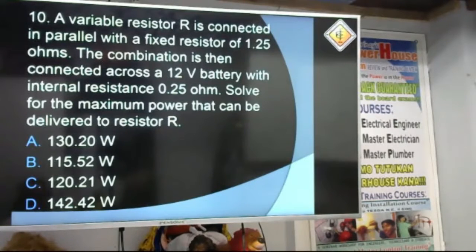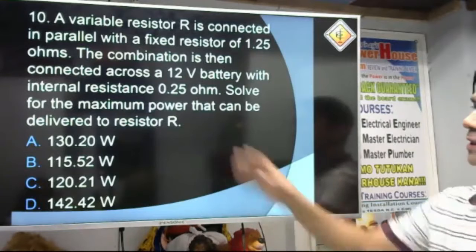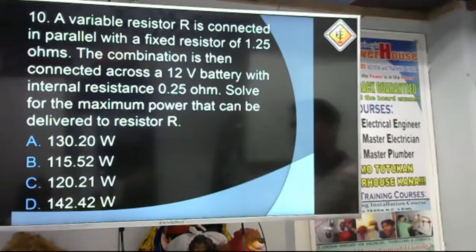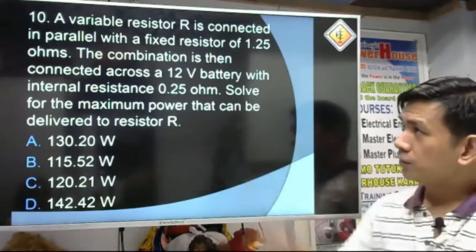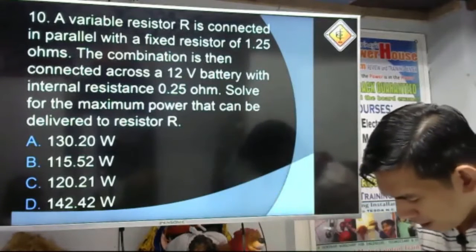For our last problem, a variable resistor R in parallel with the fixed resistor 1.25 ohms. The combination is then connected across the 12 volts battery with internal resistance of 0.25 ohm. Solve for the maximum power that can be delivered to resistor R.